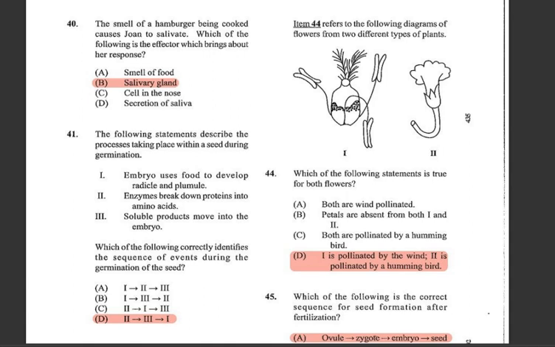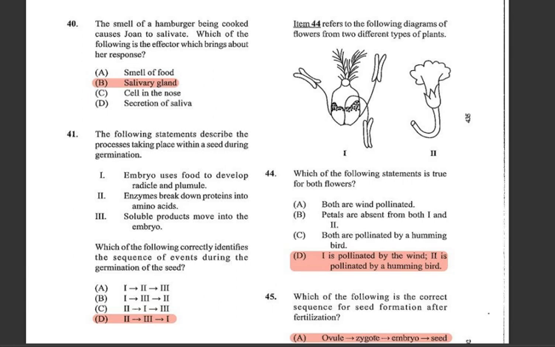And we're moving along. Number 41. The following statements describe the processes taking place within a seed during germination. Which of the following correctly identifies the sequence of events during the germination of the seed? Let's see how the germination of the seed goes, guys.